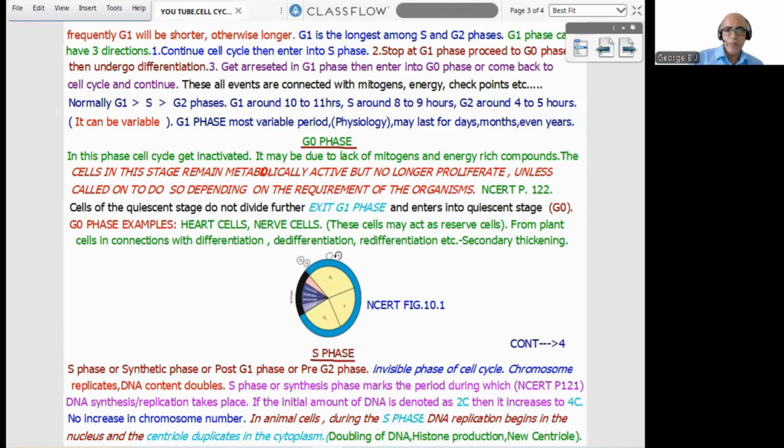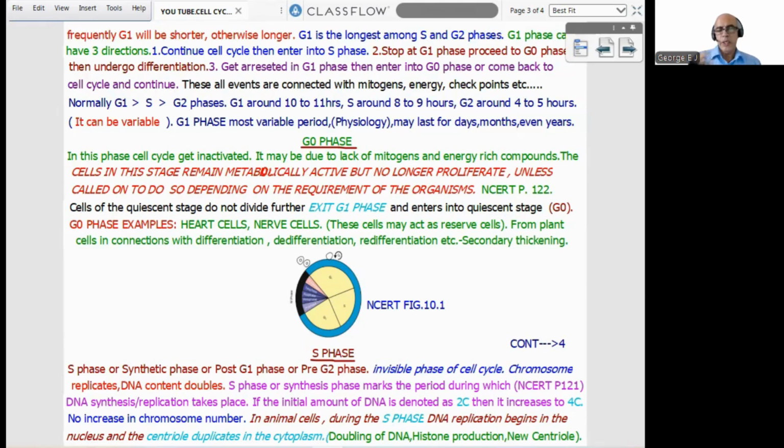If the initial amount of DNA is denoted as 2C in NCERT, then it increases to 4C. Remember, no increase in chromosome number. The chromosome number will be the same. No increase in chromosome number, DNA gets doubled.